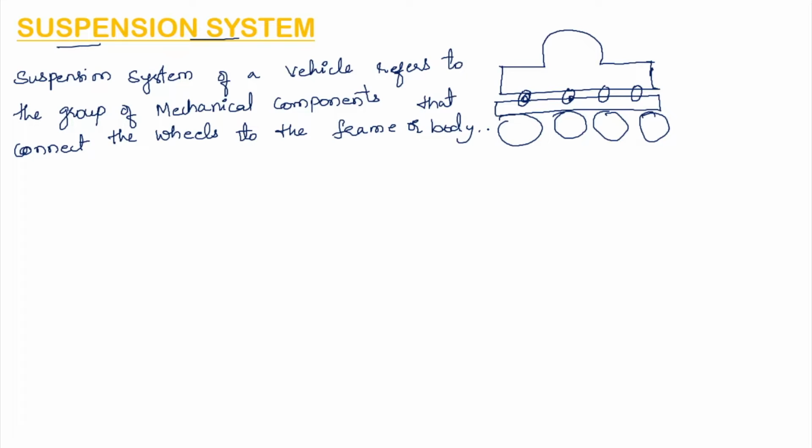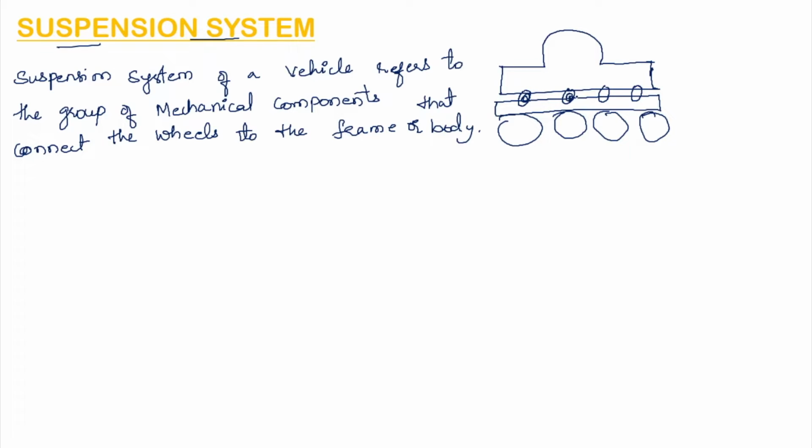Now we will see what the definition of this suspension system is. So automobile chassis is mounted on the axle through some form of springs. So this chassis is mounted on the axle of the vehicle through springs. That is nothing but the same as the mechanical components.